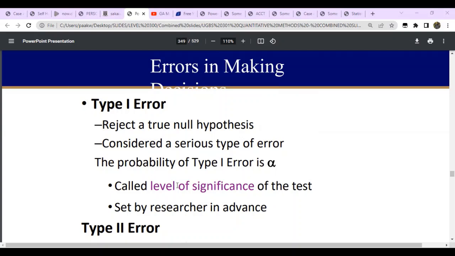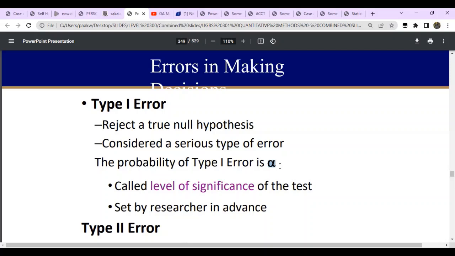Alpha. And the alpha is called the level of significance of the test, set by the researcher in advance. So we'll be using this. The level of significance, we have 5%, 10%, and so on. So you can have 0.05, 0.025, 0.01, 0.1. These are the values for the alpha.